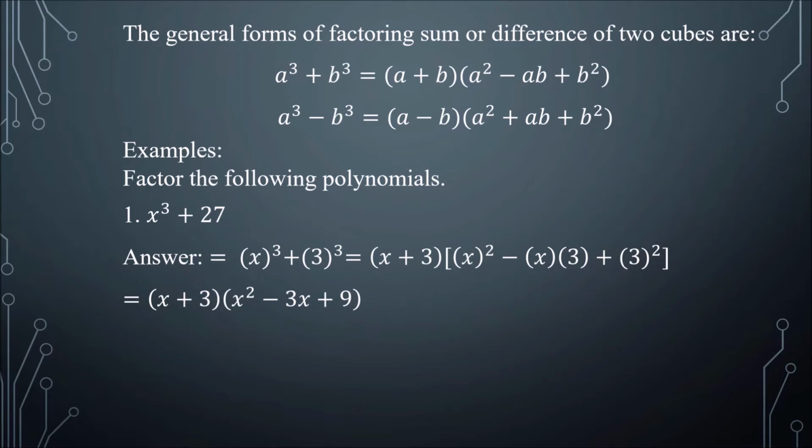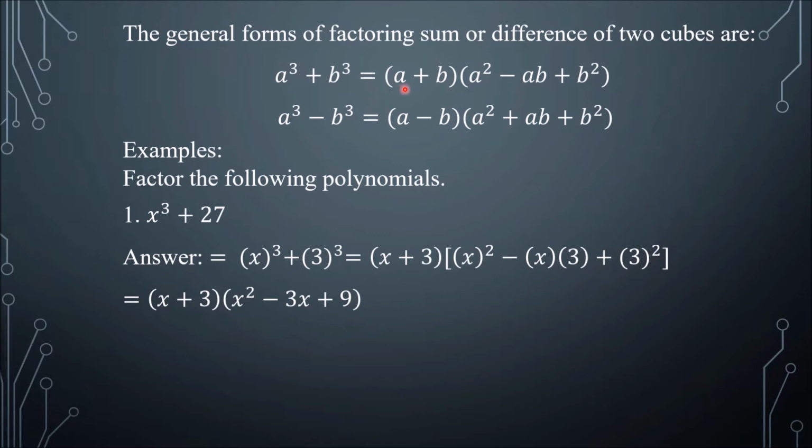Now the general forms of factoring sum or difference of two cubes are: a cubed plus b cubed is equal to a plus b times a squared minus ab plus b squared. A cubed minus b cubed is equal to a minus b times a squared plus ab plus b squared. Take note, sum of two cubes, and this one difference of two cubes.